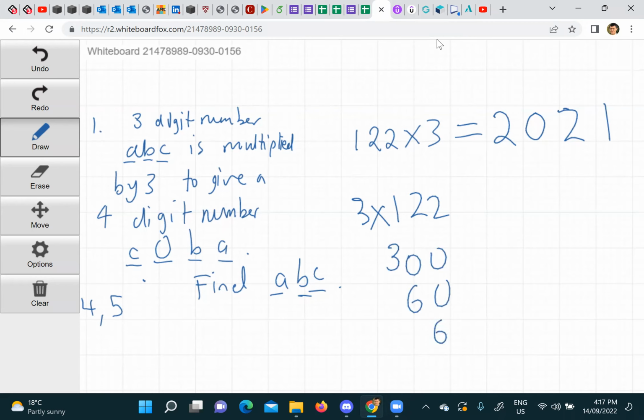So if you add these up, you get 366, just like Justin said, okay? Notice 366 is not the same as 2021, right? So that means the answer is not 122. Does that make sense? Yeah.